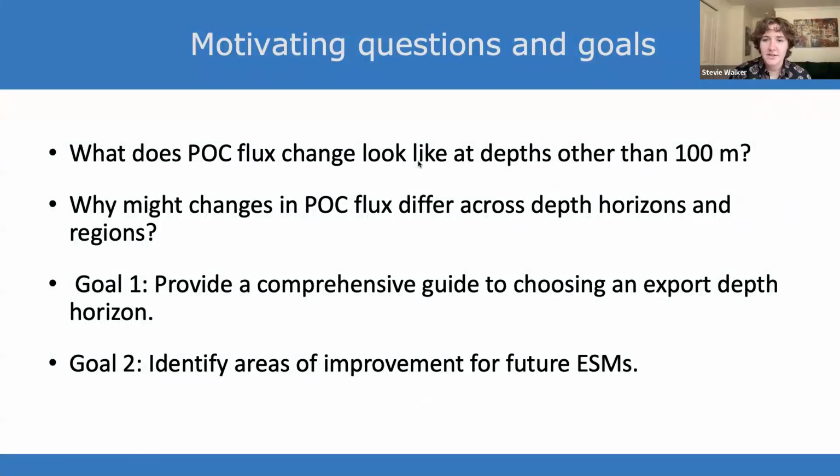And I'll talk more about those depth horizons in a second. And then why might changes in POC flux differ across different depth horizons and regions? So with this project, our main goal is to provide a comprehensive guide to choosing an export depth horizon and also identify areas of improvement in future ESMs.